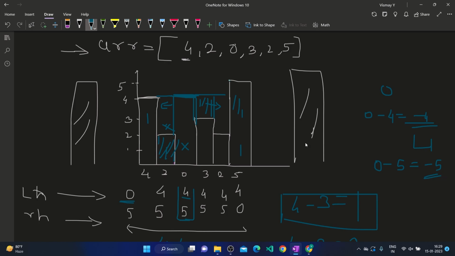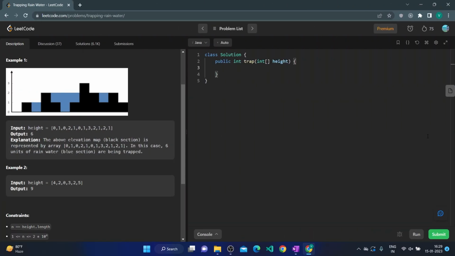So let's convert this logic into code. We will start by creating two arrays, and these arrays will maintain the left and right max bars of each individual bar.